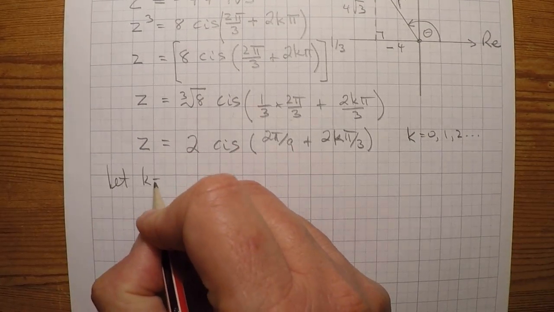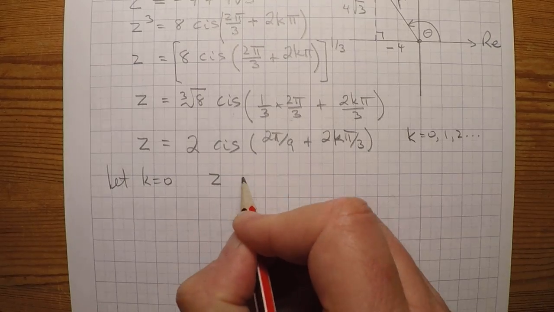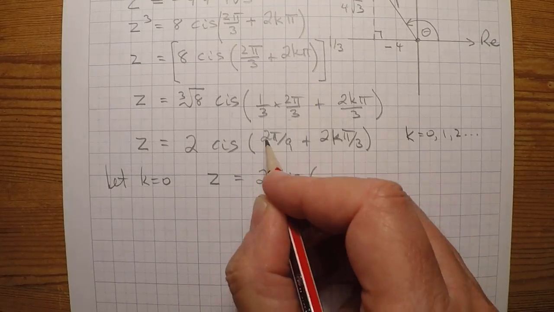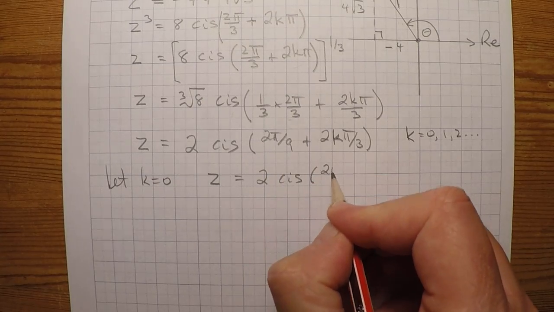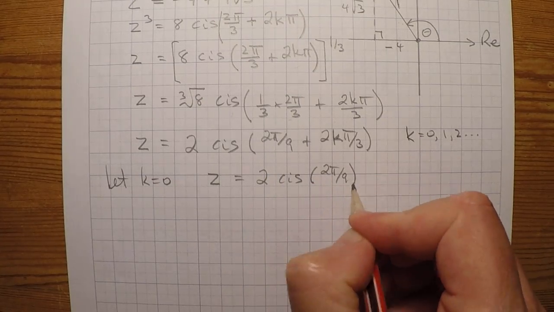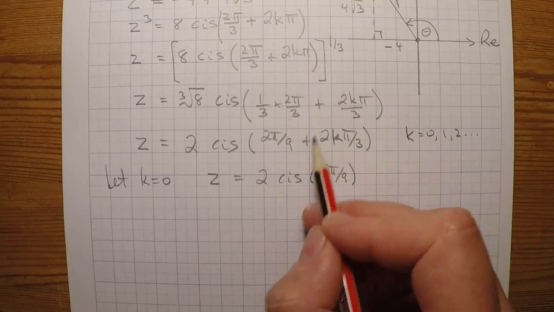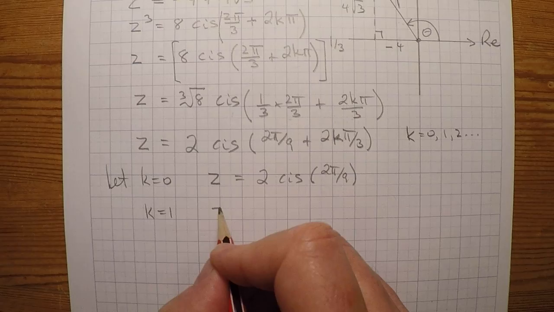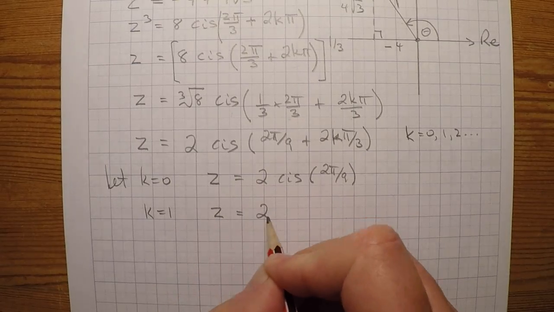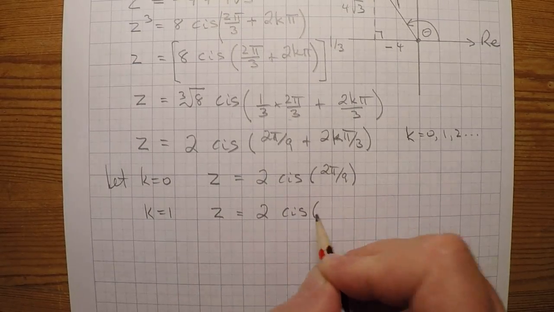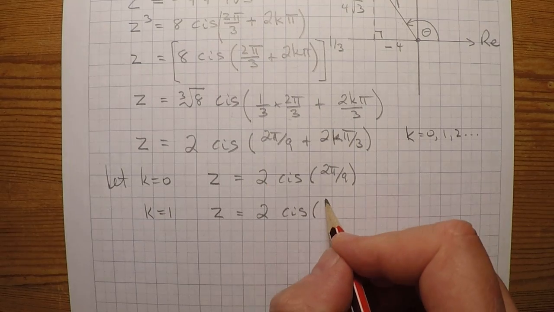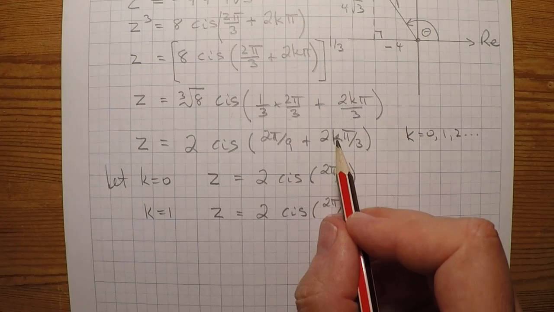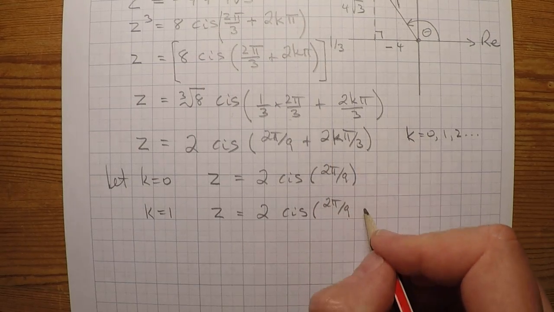Let k equal 0. z would be 2 cis 2 pi over 9. If k is 0, this part's nothing. If we let k equal 1, z would be 2 cis, now we have 2 pi over 9, and if k is 1, we have plus 2 pi over 3.